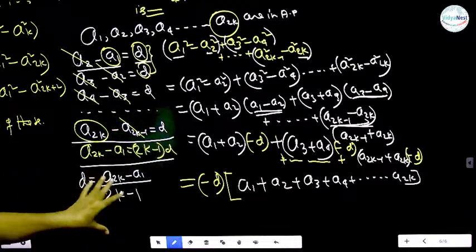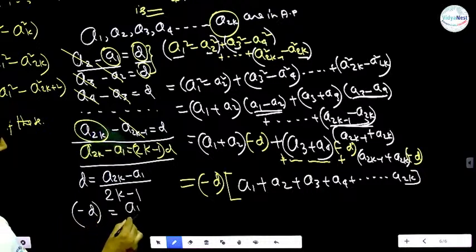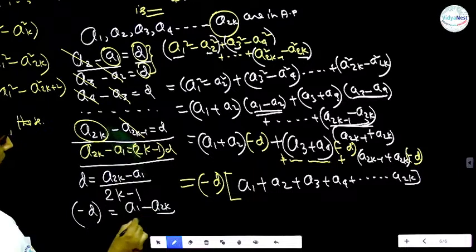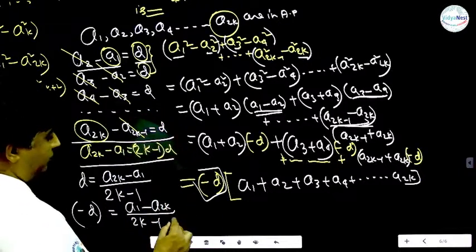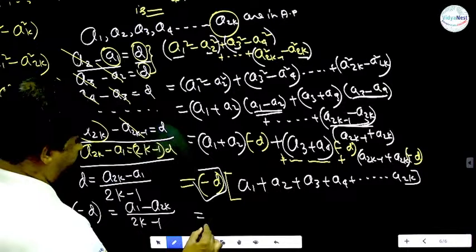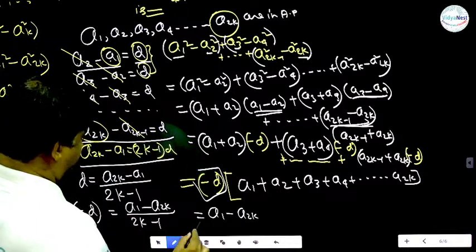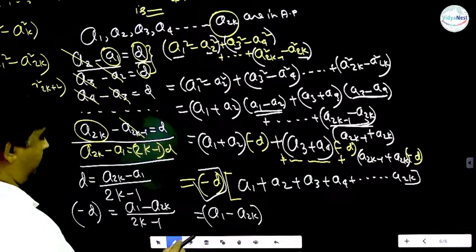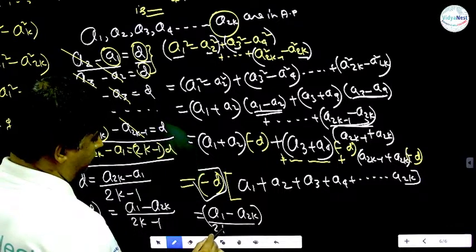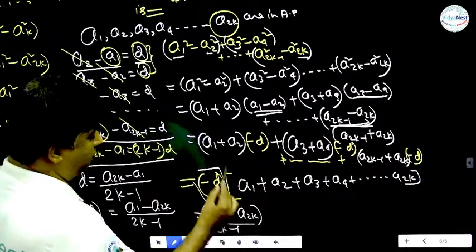So if d is like that, then minus d will be what? One minus will be absorbed, and in place of this minus d, you just put the expression by 2k minus 1. So instead of minus d, I can replace that.